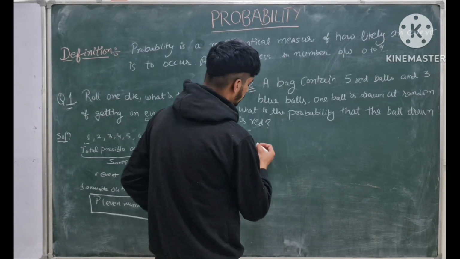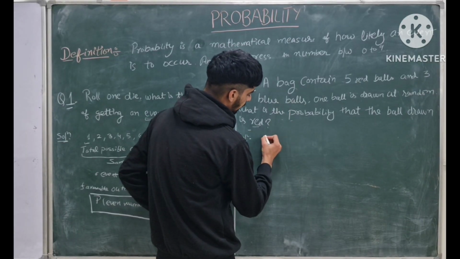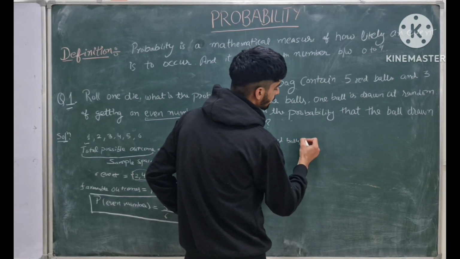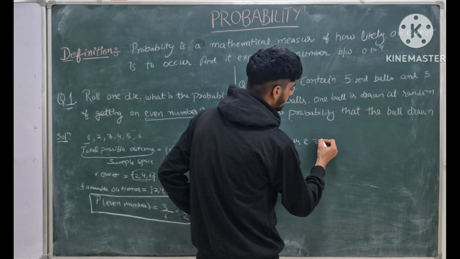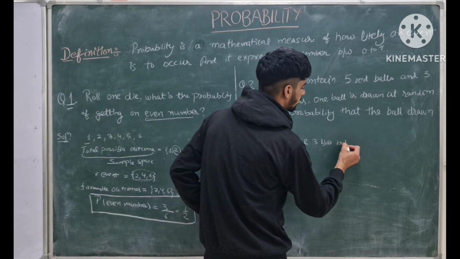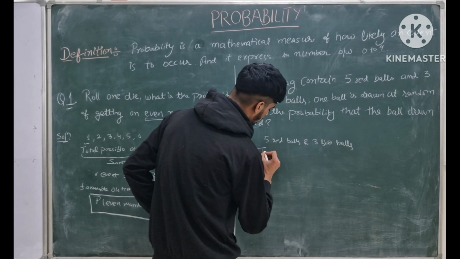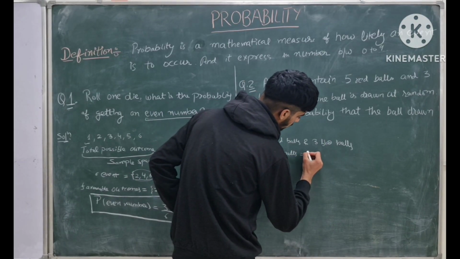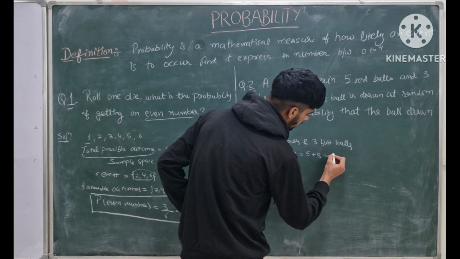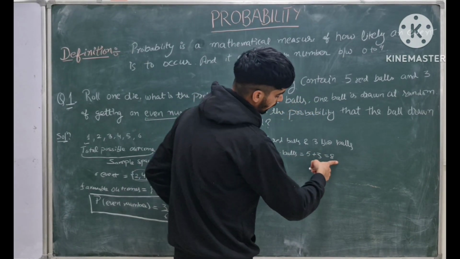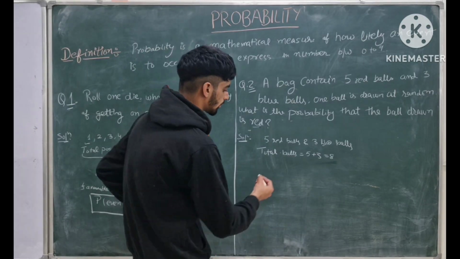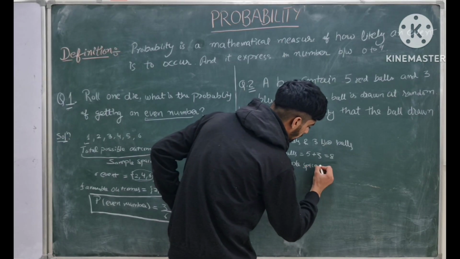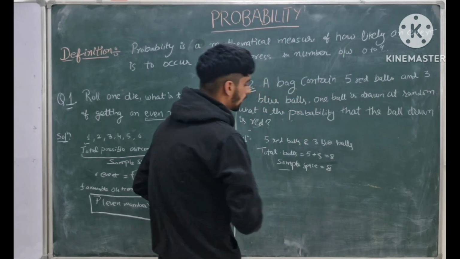First write the sample space. The bag contains 5 red balls and 3 blue balls. So the total balls are 5 plus 3, which is equal to 8. This is basically our sample space, which is equal to 8. And what is our event?